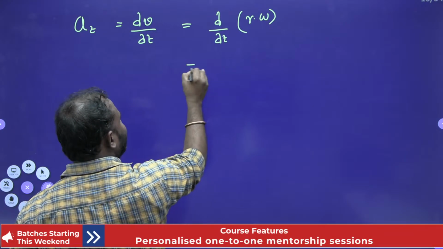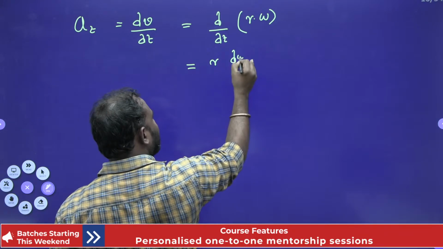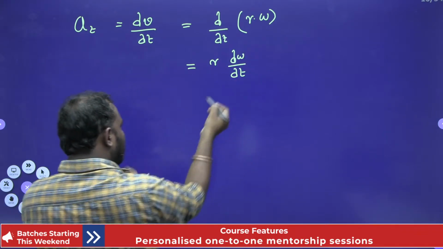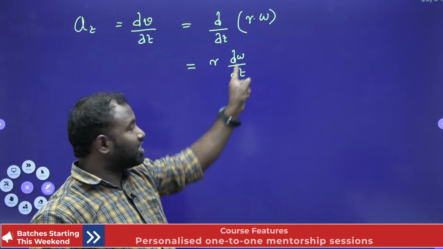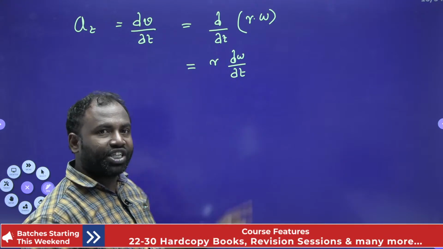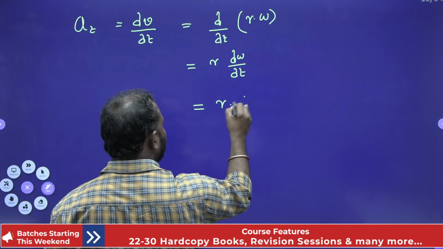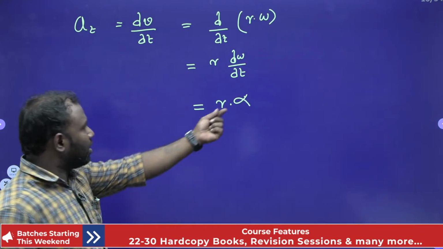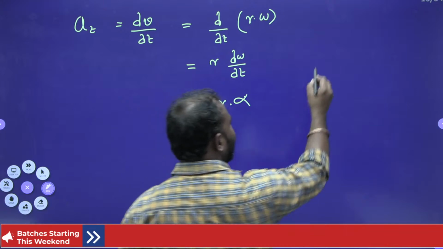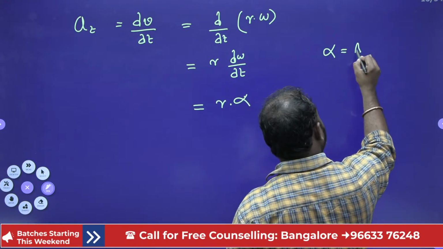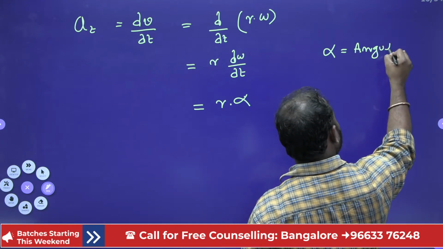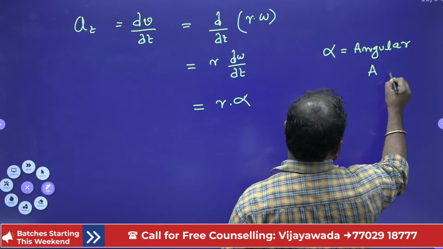R is a constant, so I take it out, leaving d omega by dt. Angular velocity differentiated with respect to time gives angular acceleration. So it is going to be r into alpha, where alpha is the angular acceleration.